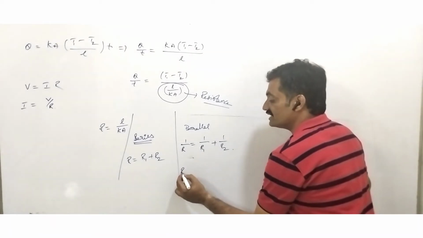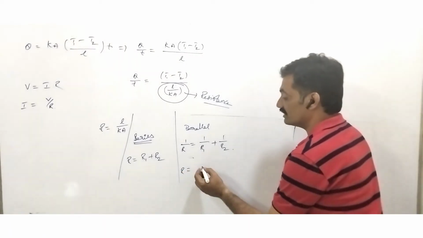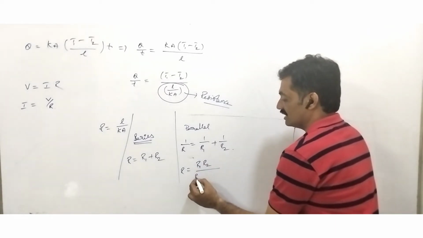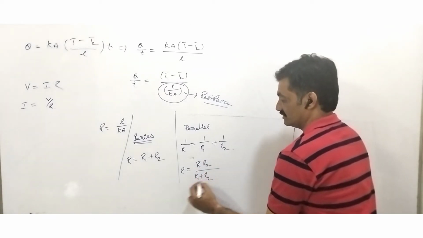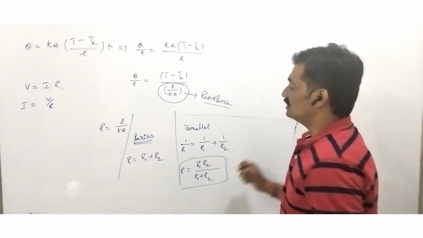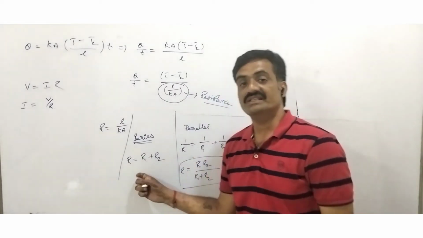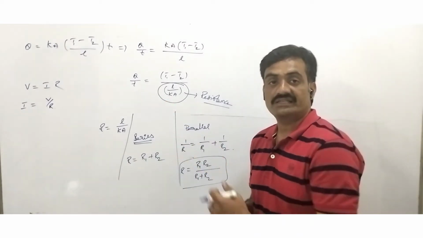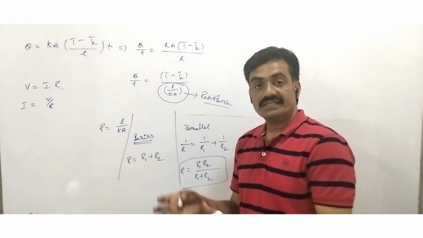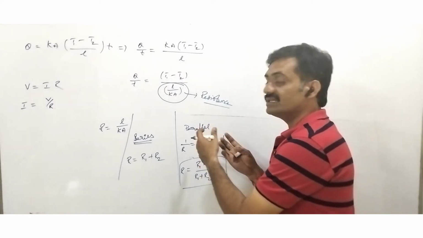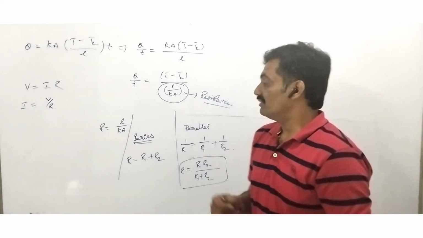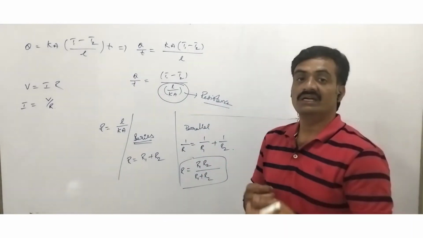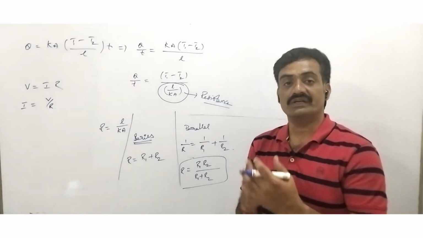From this, the equivalent resistance is R equals R1 R2 by (R1 plus R2). In this way we can represent the equivalent resistance when two conductors are connected in series as well as in parallel.